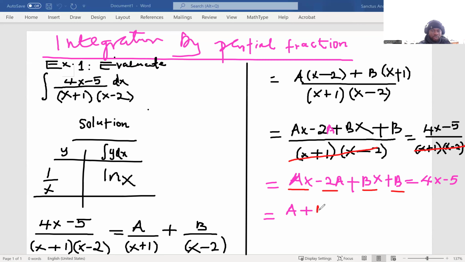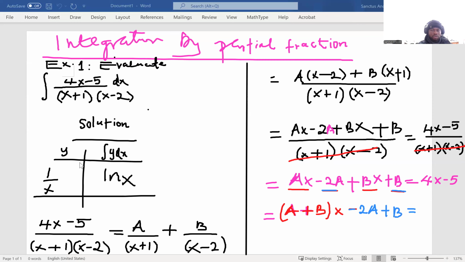So a plus b bracket x, then minus 2 and b will come together. So we'll have minus 2a plus b.